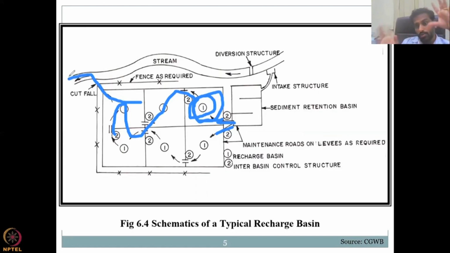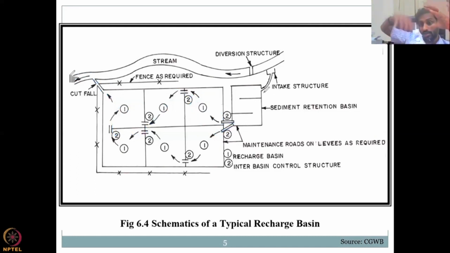So you're not consuming the water. There's also less water evaporated. Most of the water is sent in, recharged, and then only this sediment basin needs to be cleaned. Think about the previous example. In the previous example, you had to dig the furrows wherever the furrows are to remove the sediments. But here, all you have to do is maintain this sediment retention basin. All you have to do is just dig this section of the infrastructure.